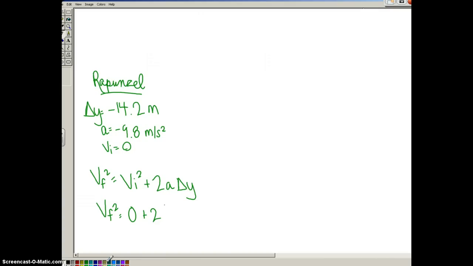We have 2. A is negative 9.8. And delta Y is negative 14.2. And to save you the pain of all the algebra, we'll just give you the final answer here in the calculator by square rooting everything. That would give us a VF of negative 17 meters per second.